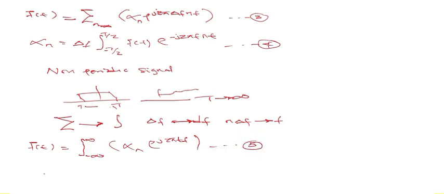Let's call this equation 5. Changing equation 4 also, we have lambda n is equal to, so instead of putting change in f, we say change in f tends to df. We have df here, the integral of, and since T tends to infinity, we can put infinity over 2 to minus infinity over 2, f of t exponential minus j 2 pi.